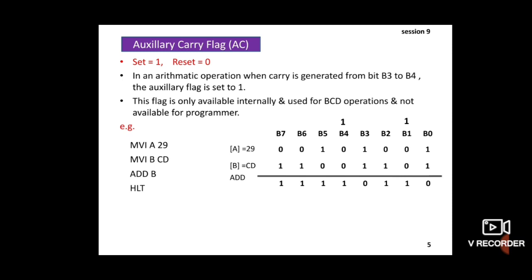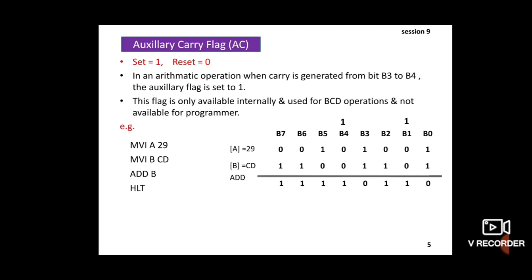At B3, 1 plus 1 is 10: 0 is the sum and the carry is transferred to the B4 position. Then 1 plus 0 is 1. At B5, 1 plus 0 is 1. B6, 0 plus 1 is 1. And B7, 0 plus 1 is 1.